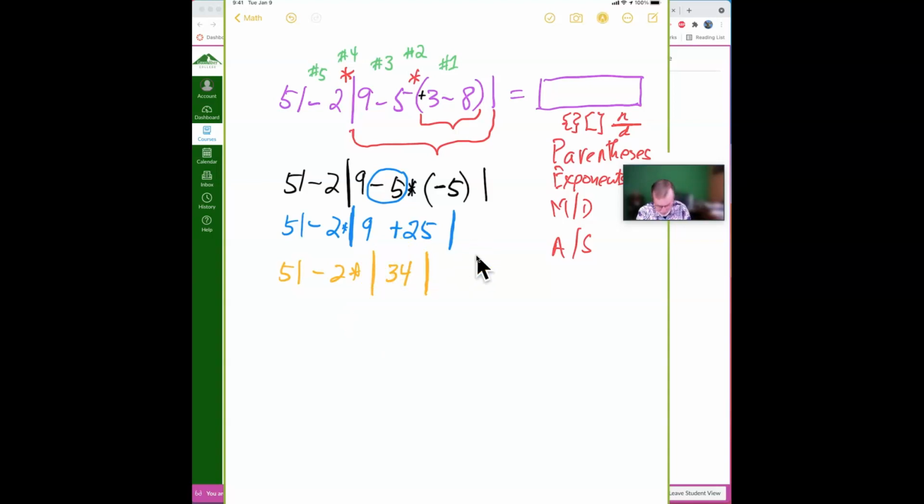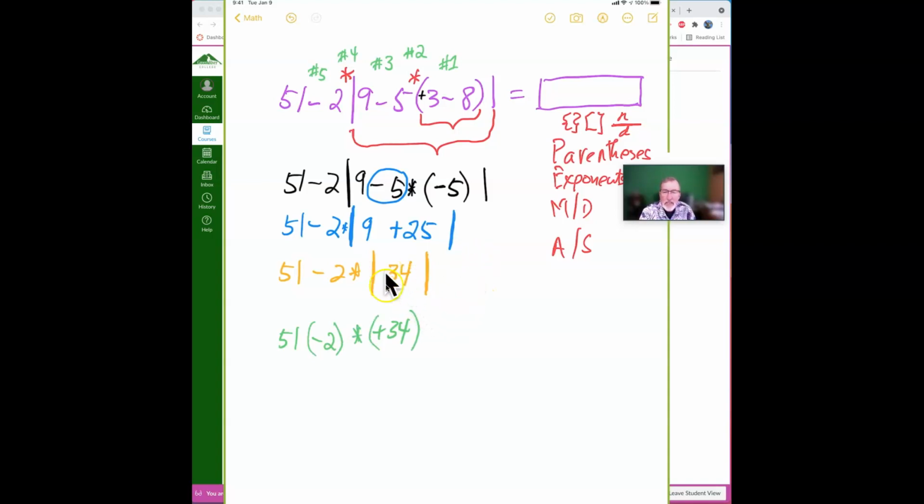So on the line below, we're going to write positive 34, and we're going to get rid of those brackets. And we're going to have then 51, and we have a -2. Remember, we're looking at this as and we're going to multiply this by positive 34.